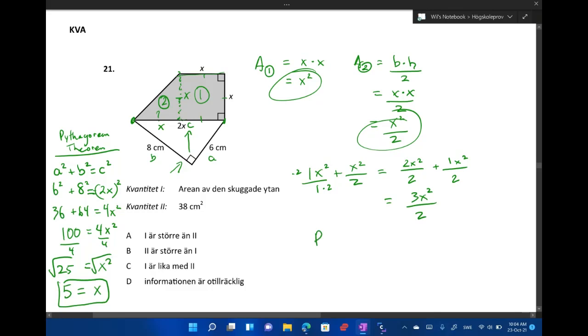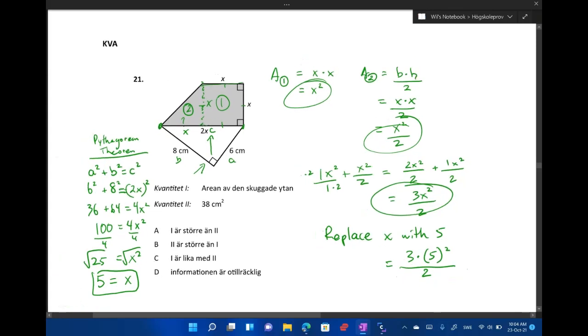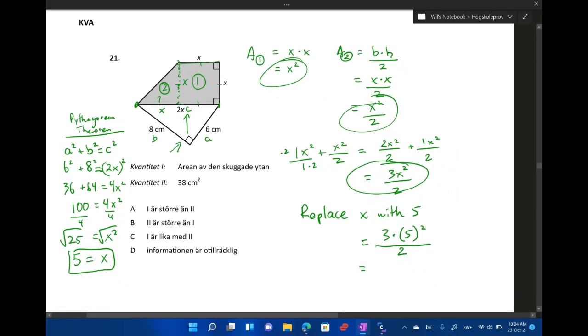So we're going to replace x with 5 here. If we do that, what's 3 times 5 to the power of 2 divided by 2? 5 to the power of 2 is 25. What's 3 times 25 divided by 2? 3 times 25 gives us 75. And what's 75 over 2?